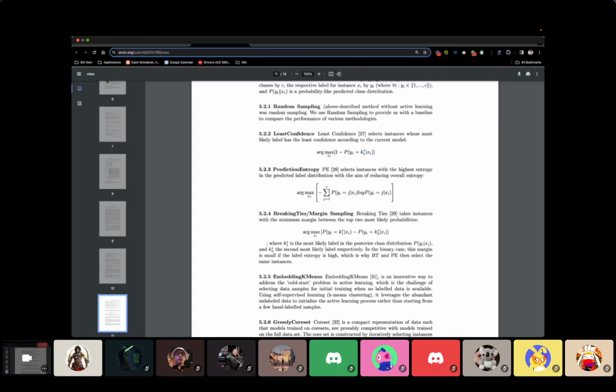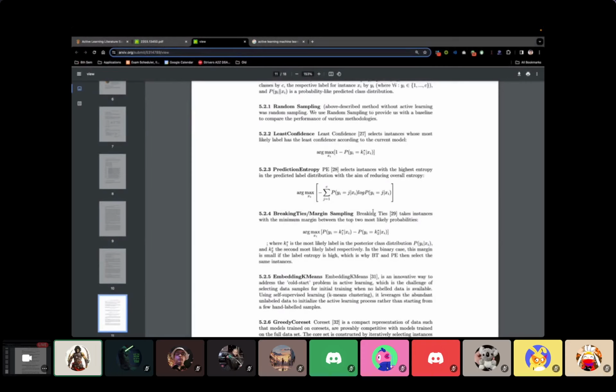Now prediction entropy. Entropy is basically P log P, summed over all dimensions. Dimension is the class, the number of classes. So for each data point, you find the entropy P log P, and then maximize it. The one with the highest entropy will be the one which has the highest disagreement among its own values.